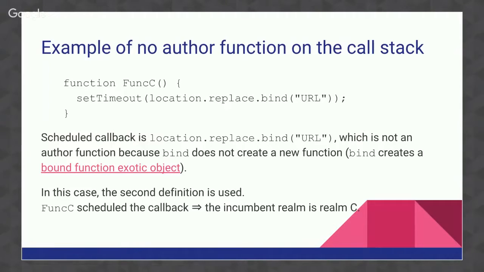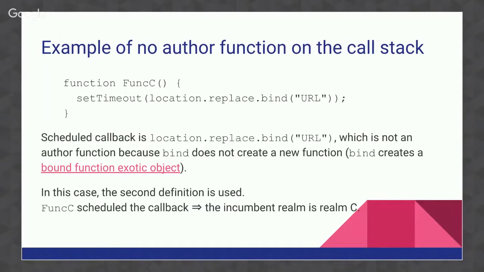So in order to determine the incumbent realm, we need to look at which function scheduled this callback. And function C is now scheduling this callback. So function C's realm is the incumbent realm for this callback.